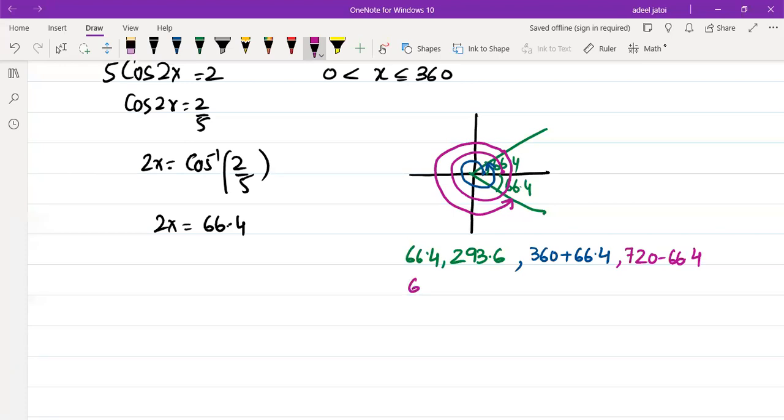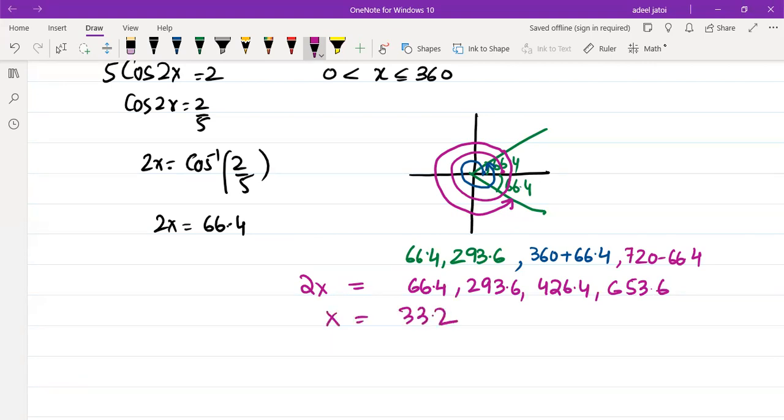So the first answer was 66.4, your second answer is 293.6, your third answer is 426.4, and my fourth answer is 653.6. And these angles are all from the equation of 2x. Can I say all the answers will be divided by 2?